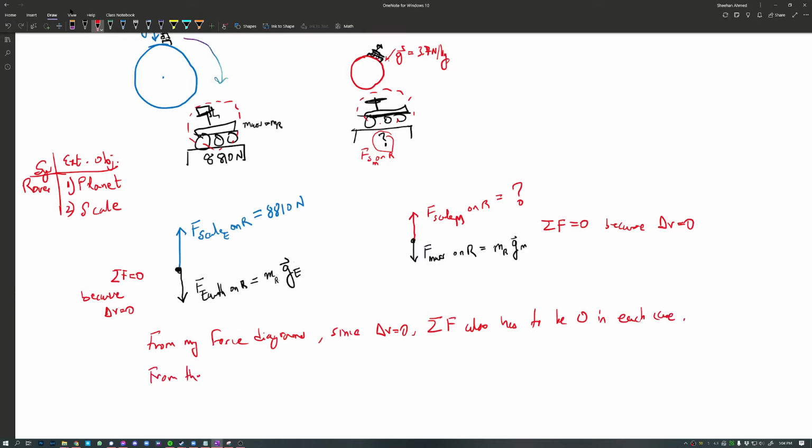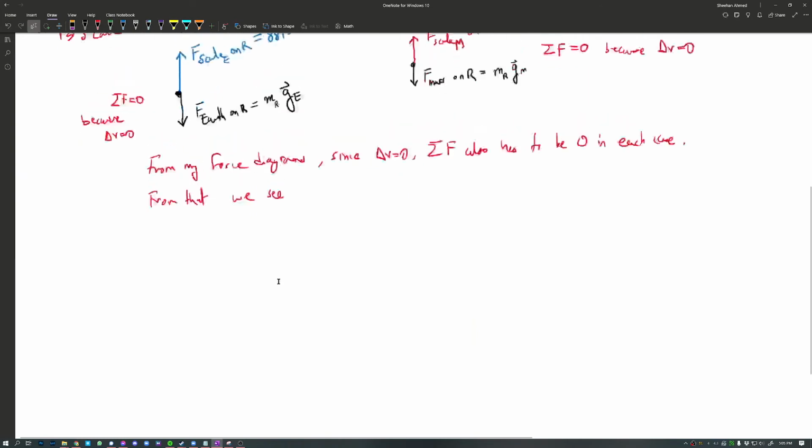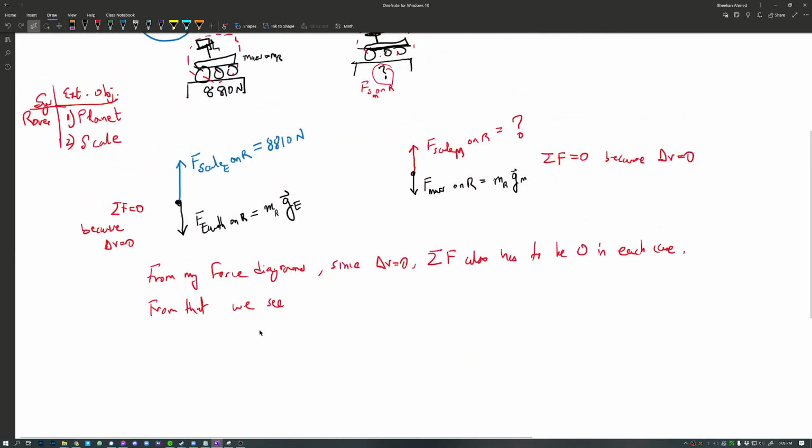From that, we see I could write two different equations. For this first one, let me do that in blue. Sum of forces equals 0. Put vector over here. We should choose a positive and a negative direction.